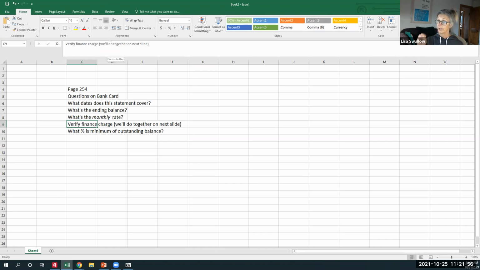What is the monthly rate that's being charged this customer, Mason and Autumn Palmer? And we're going to verify the finance charge. And then if they're only paying the minimum payment that's required, what percentage is that of the minimum balance? So go ahead, please turn off the tape, spend some time looking at the statement, and then we'll meet back up and go through these questions.